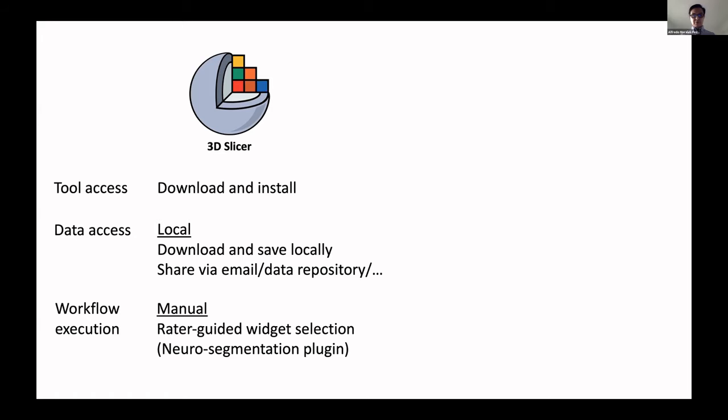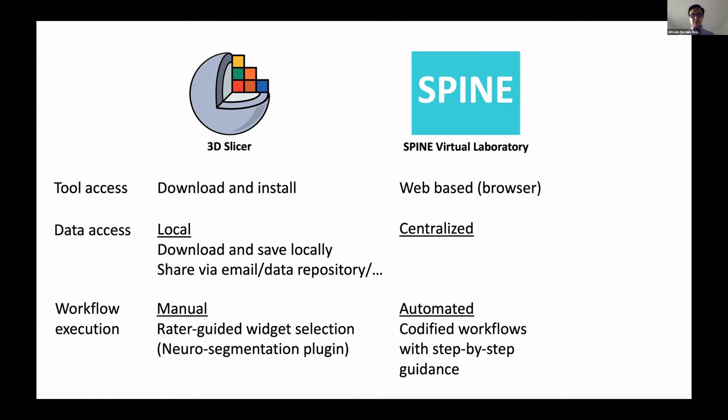What we propose in this supplement is to move this to the web. And we are going to use the Spine Virtual Laboratory. So in terms of tool access, everything's going to be web-based. You only need a browser. Data access will be centralized. So Spine will handle the data, distribution of the data, and then also getting the results. And this is the main key.